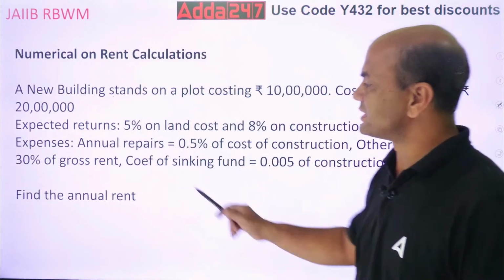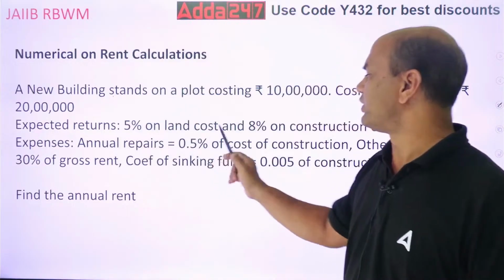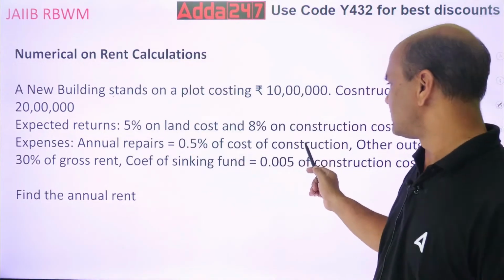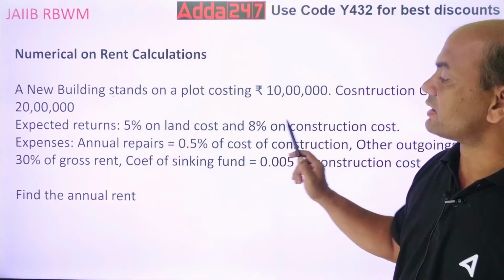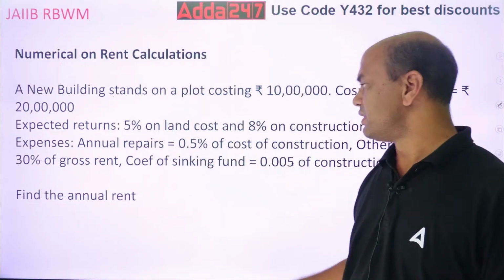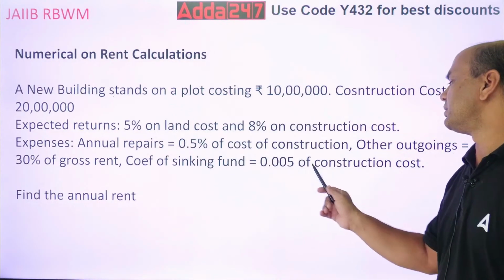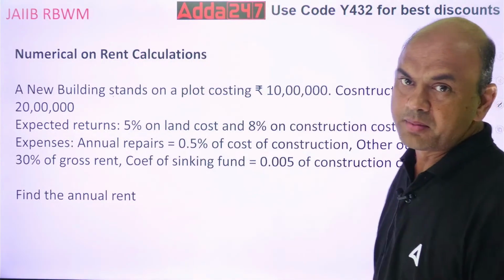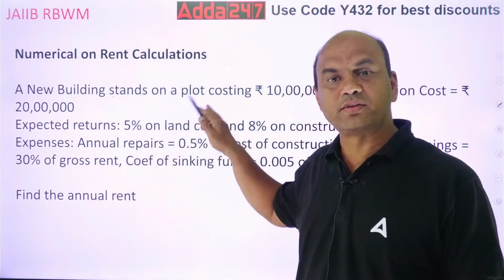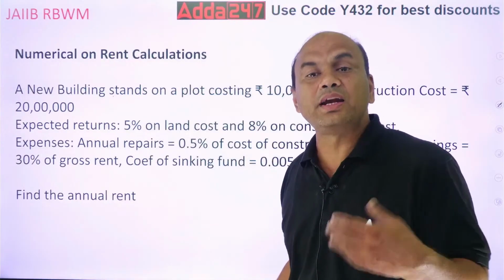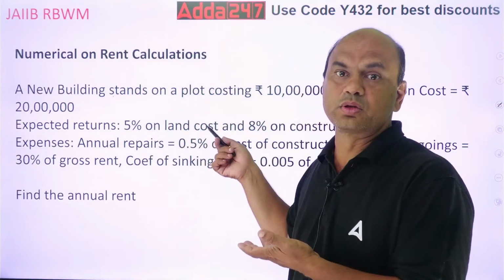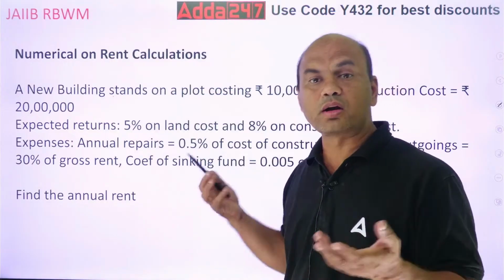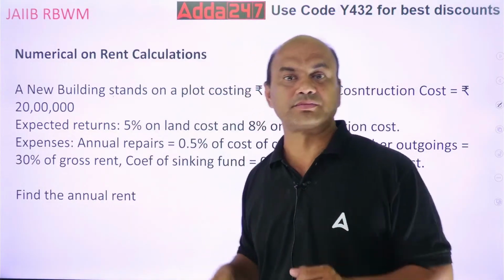Annual repairs are 0.5% of the cost of construction. Other outgoings are 30% of the gross rent. Coefficient of sinking fund is 0.005 of construction cost. Find the annual rent. All this data is given and you have to find out what rent you should charge if you are the owner of this property.